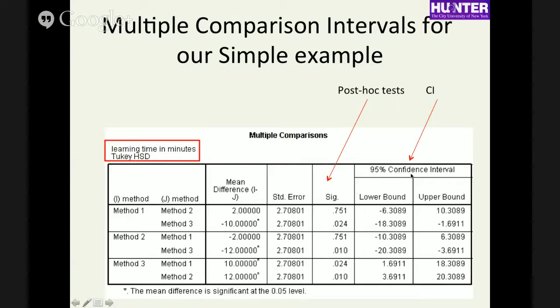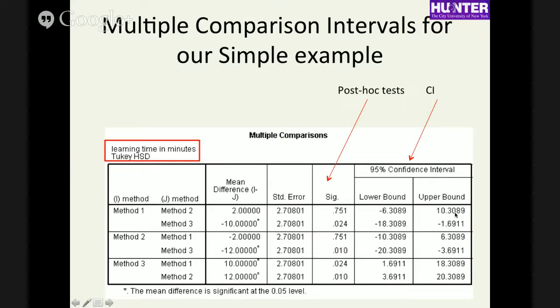So here's an example of the Tukey honest significant difference method from those 3 learning methods. You get a difference in means for each one. So method 1 compared to method 2, the difference in means is 2, and compared to method 3, the difference in means is -10. Then a standard error, a p-value, and a confidence interval.